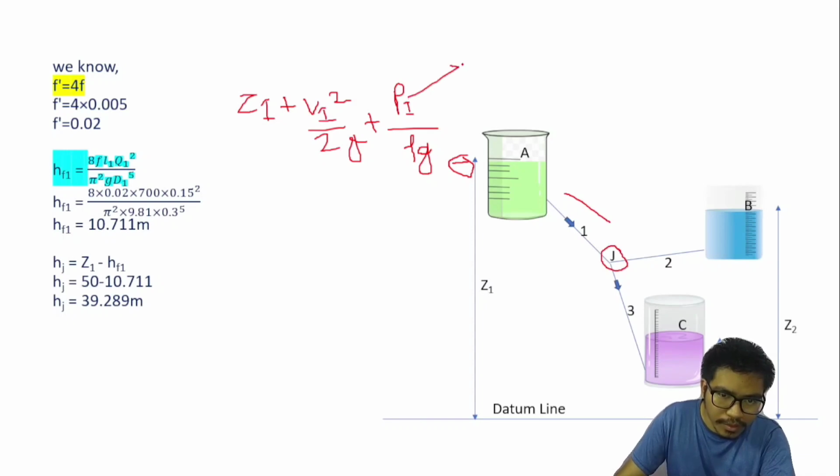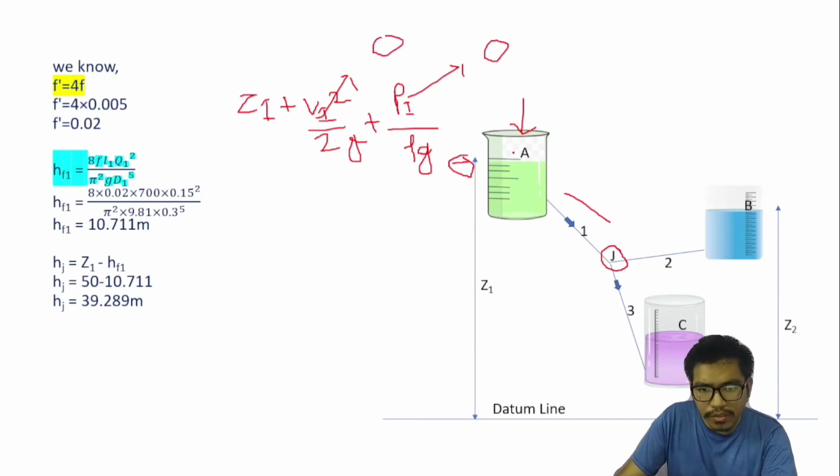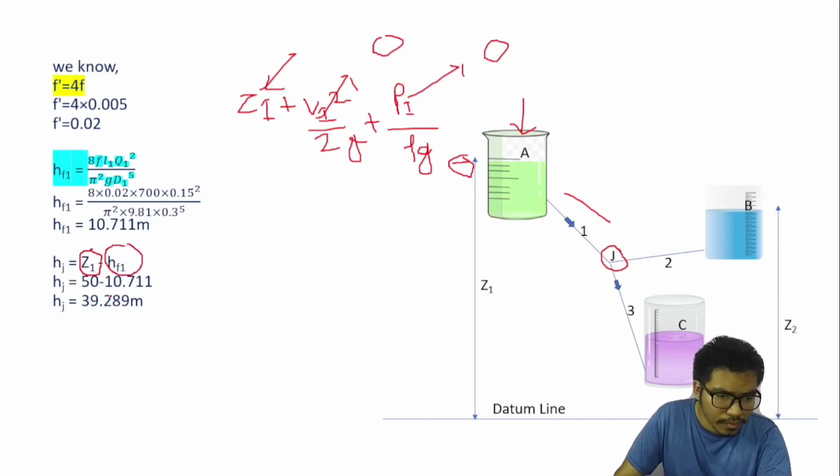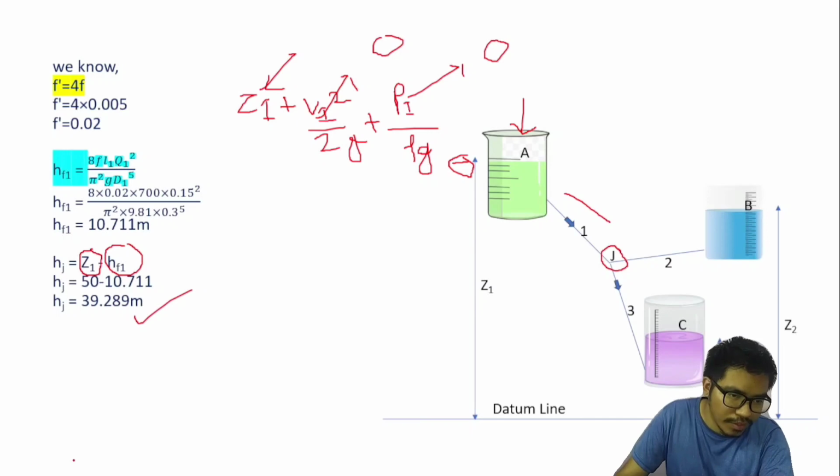Here pressure is 0 because this is open to atmosphere, and gauge pressure of atmosphere is 0, so this value becomes 0, and velocity is also 0 because the area of the reservoir is very large compared to this pipe. So the total head is Z1. So head at junction J is Z1 minus hf1, and that gives 39.289.